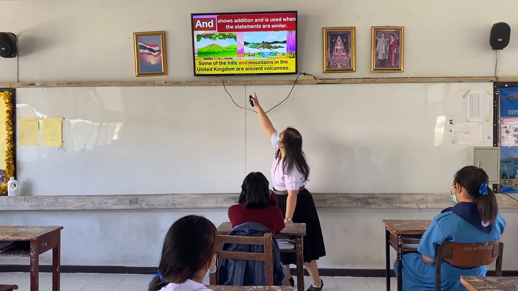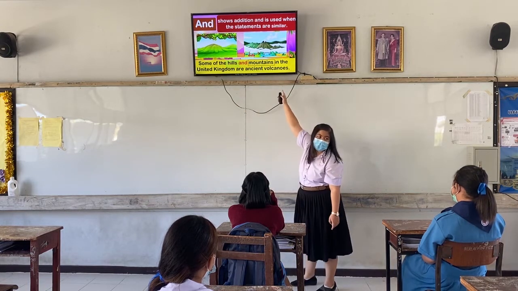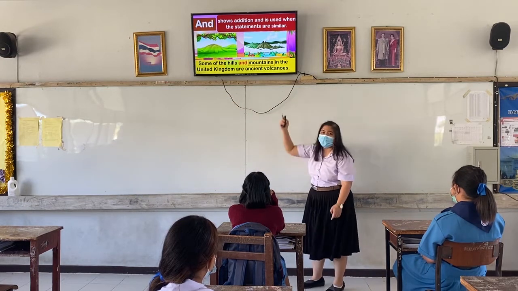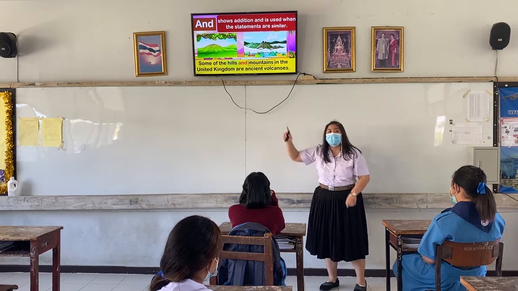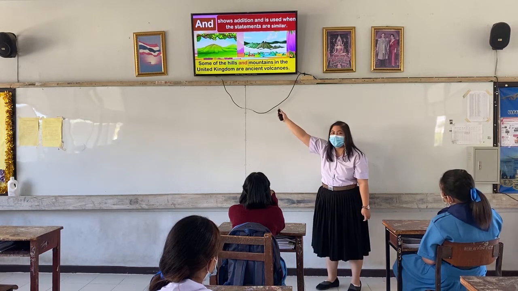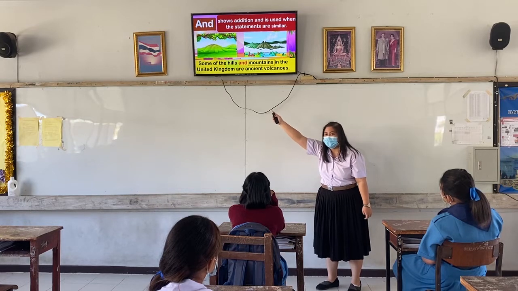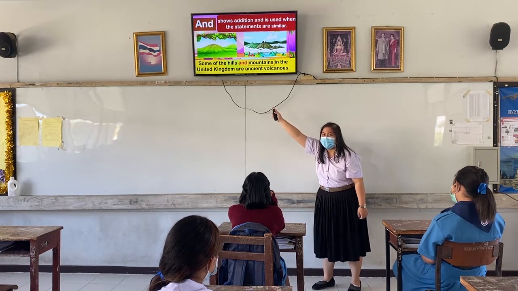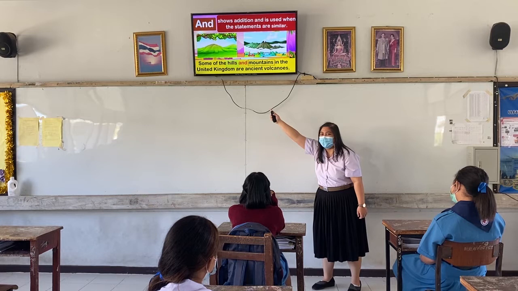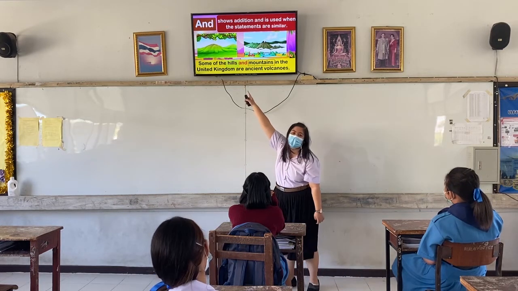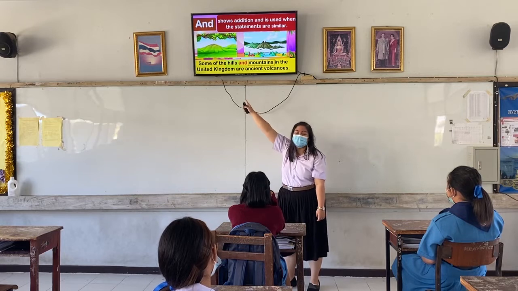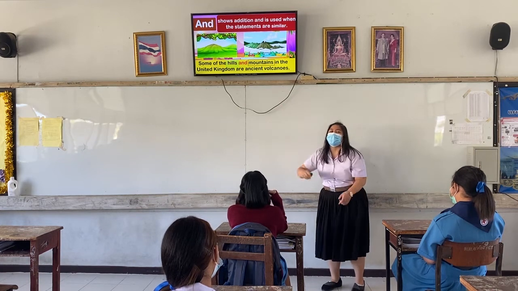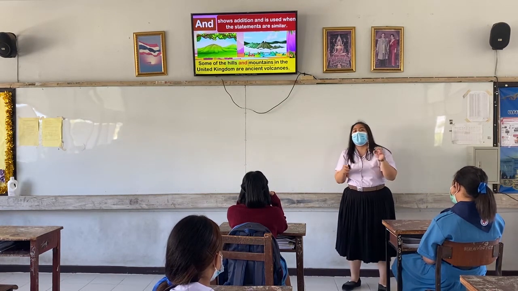It connects hill and mountain. This is similar, so we use "and." Yes, we use "and" to connect two statements that are similar or the same.